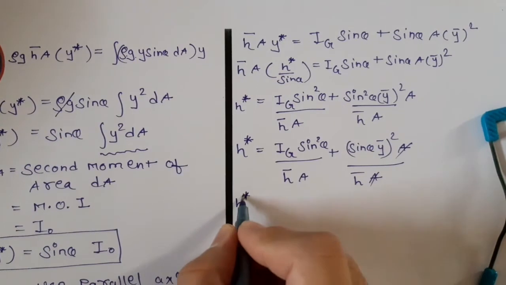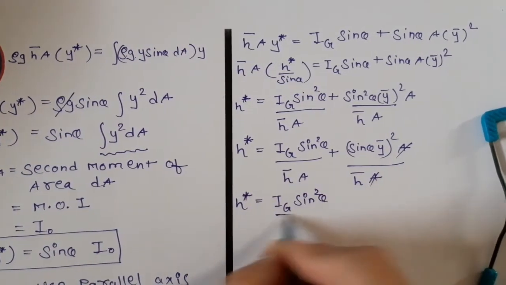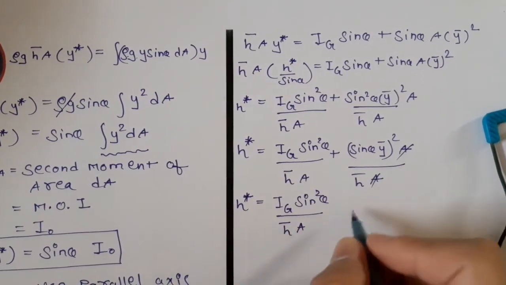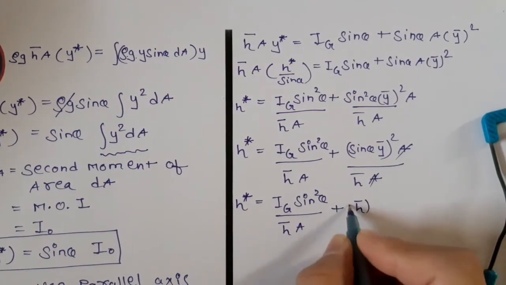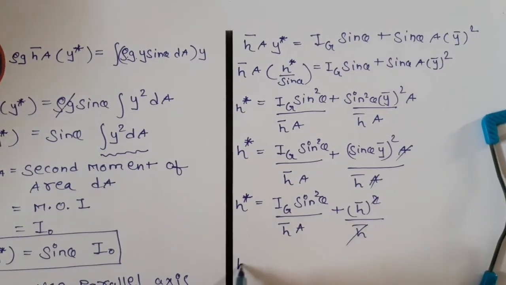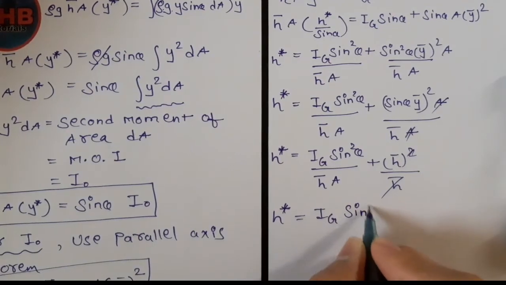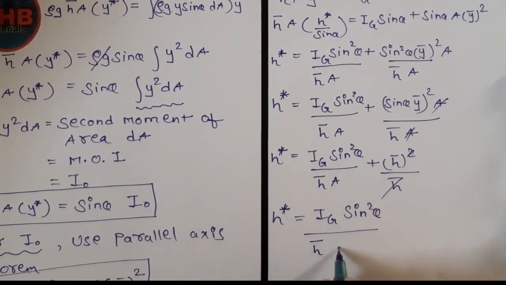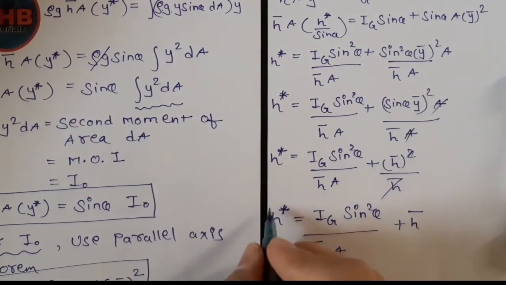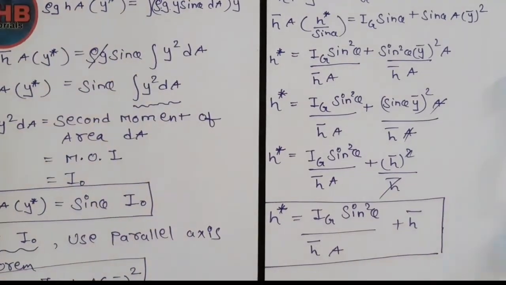So h star equals IG into sine squared theta upon h bar into A plus h bar squared upon h bar. So this h bar and this h bar get cancelled. We get h star equals IG into sine squared theta upon h bar into A plus h bar.